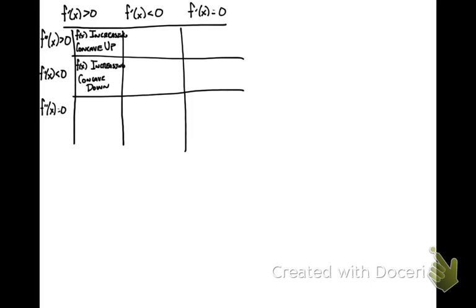When the derivative is positive, we know again that the function is increasing. And when the second derivative equals 0, then we have what is called an inflection point, potentially. It's possible there's an inflection point when the second derivative equals 0.